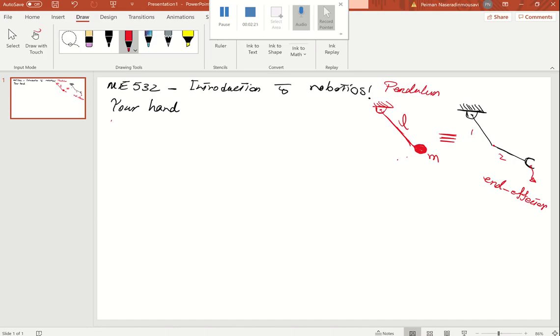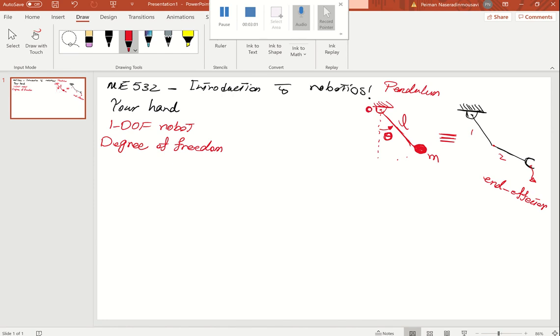this is a 1 degree of freedom robot. I hope that you know what the degree of freedom is. Degree of freedom is the number of independent motions that your mechanism, your machine, your body can do. So, for example, if this is the model of your hand, or say your leg, and here is theta, you can only rotate around the point O, the shoulder joint.